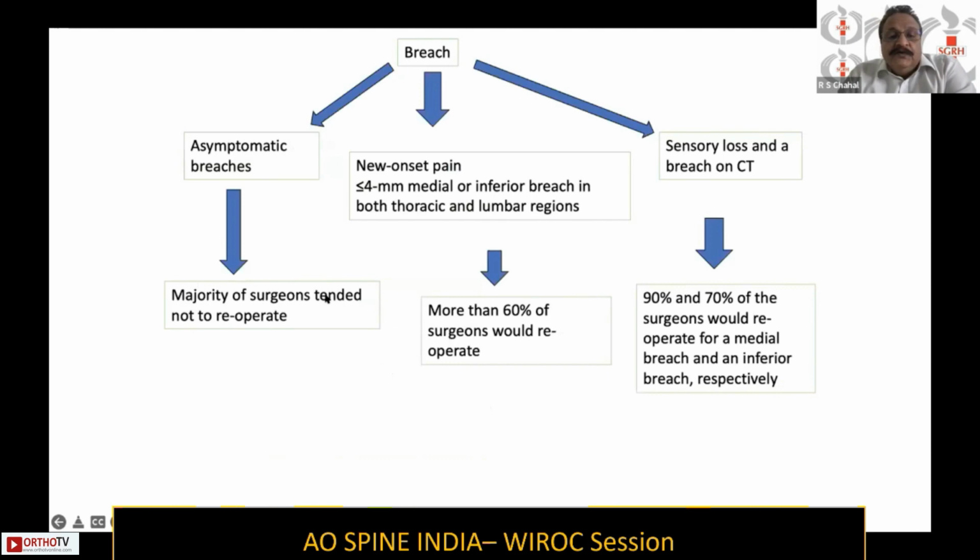So if there is a new onset of pain and less than 4 millimeter of medial and inferior breach in both thoracic and lumbar, 60% of the surgeons said they would reoperate. If there was a breach and sensory loss and a breach on a CT, 90% of surgeons would operate for a medial breach and 70% would operate for an inferior breach.